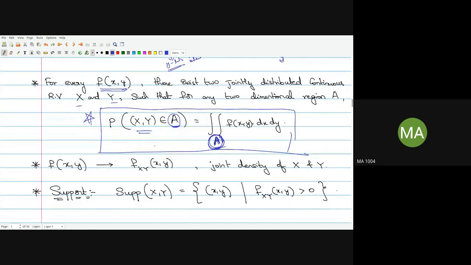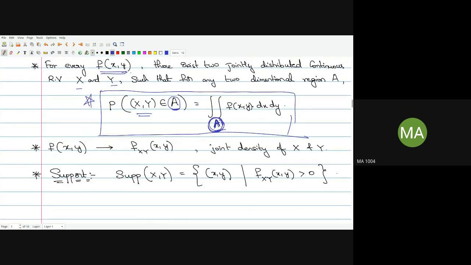So these are all things the professor has discussed. When we take examples, you will get a clear idea. The other notation for f(x,y) is just the subscript XY on the random variables. It denotes the joint density of x and y. So even if I write it like this or like this, it represents the joint density of x and y. And the last one is support.